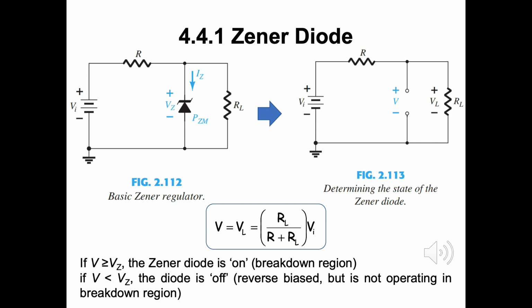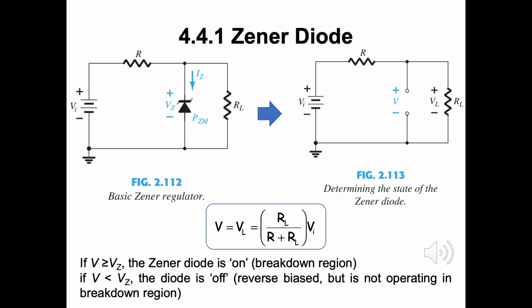Substitute figure 2.112 into figure 2.113 for understanding the equation. Here V is parallel to VL, so V is equal to VL. This V is referred to as the voltage divider.